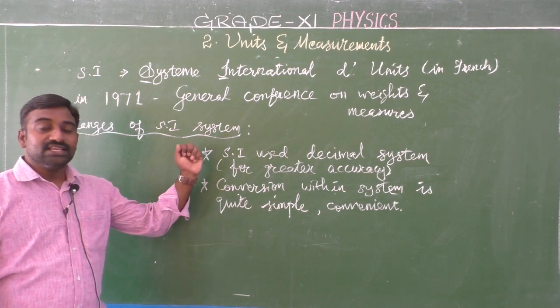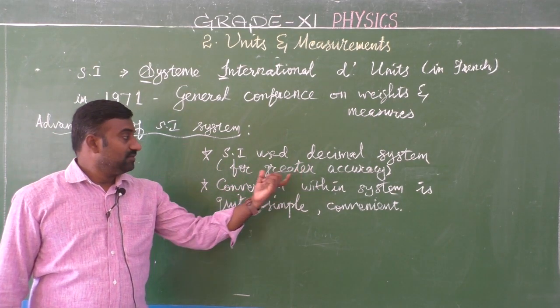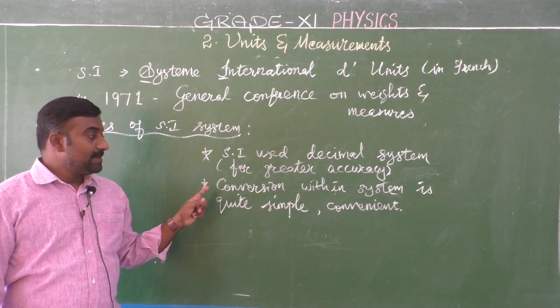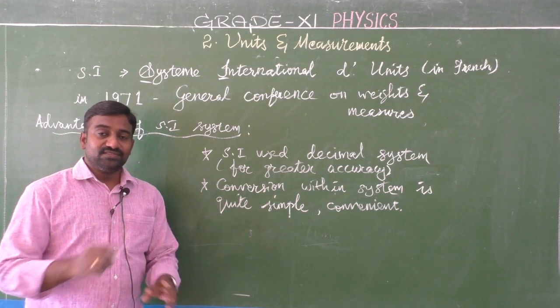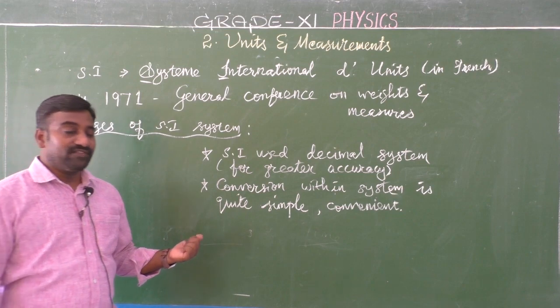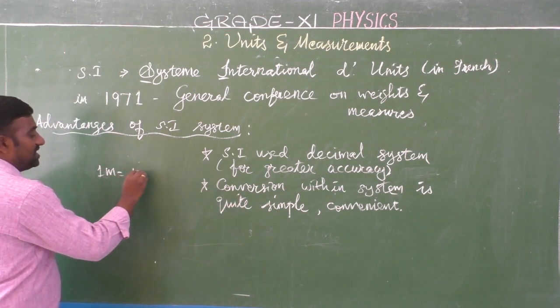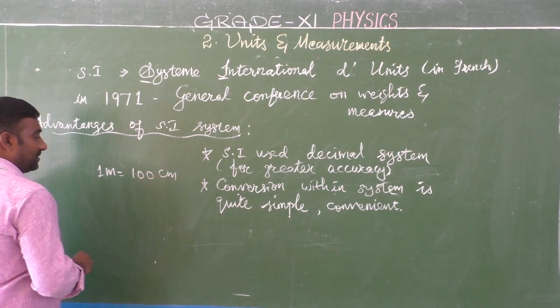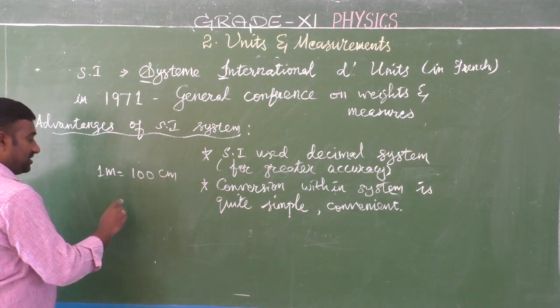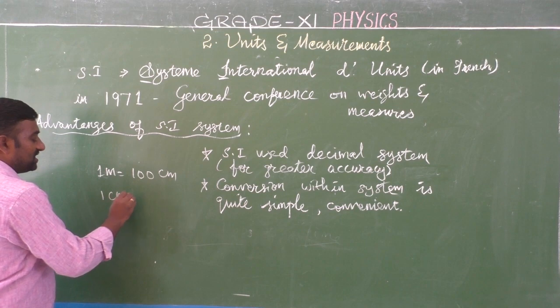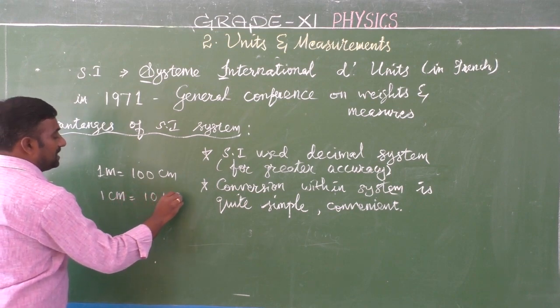The first one, the SI system uses a decimal system for greater accuracy, and then to exchange from one value to another value. Example, 1 meter is equal to 100 centimeters. Also we can express it in millimeters. Similarly, 1 centimeter is equal to 10 millimeters.